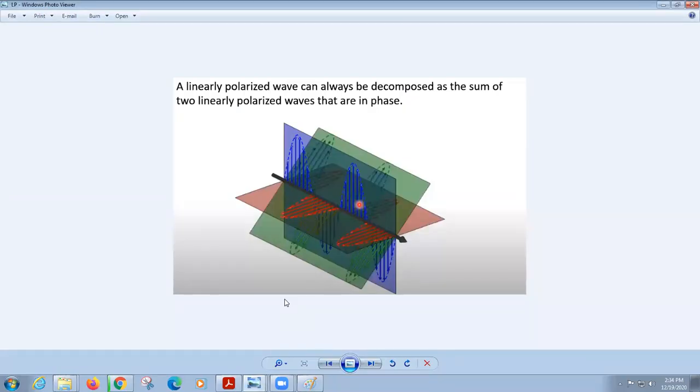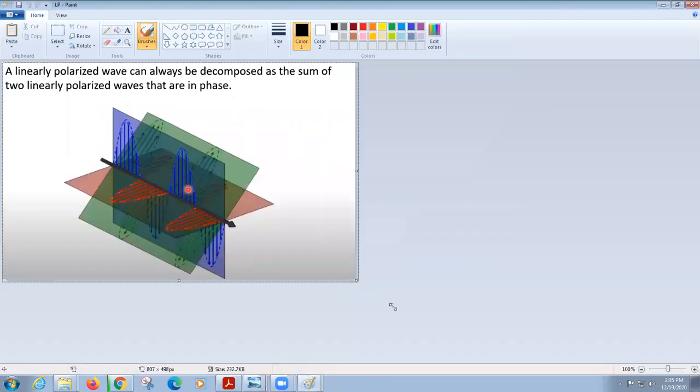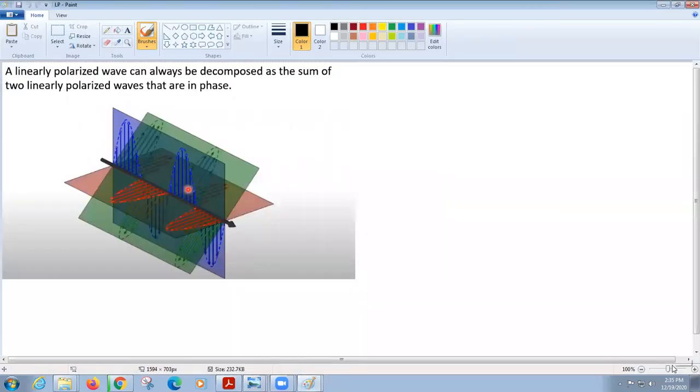Now this figure is derived from Dr. Raymond. So you see, here I have two waves. Let me open this with Paint. Okay, here I have say two waves. This one is blue, I take blue.